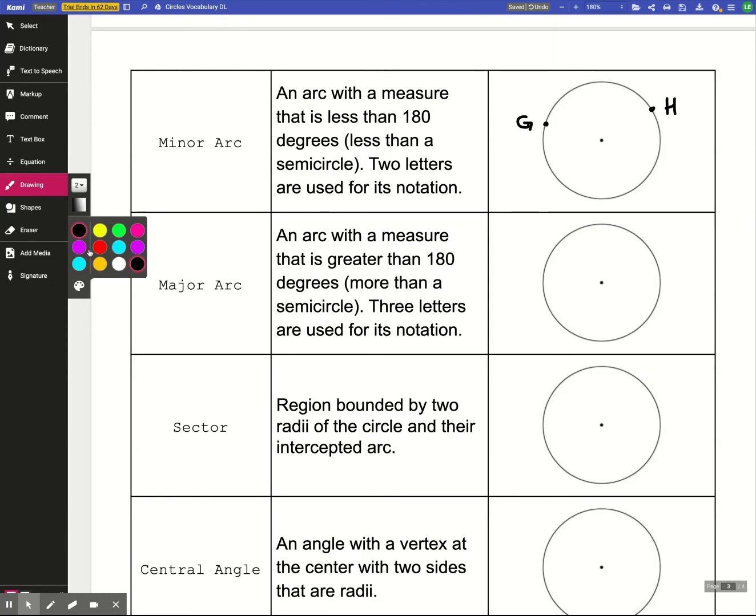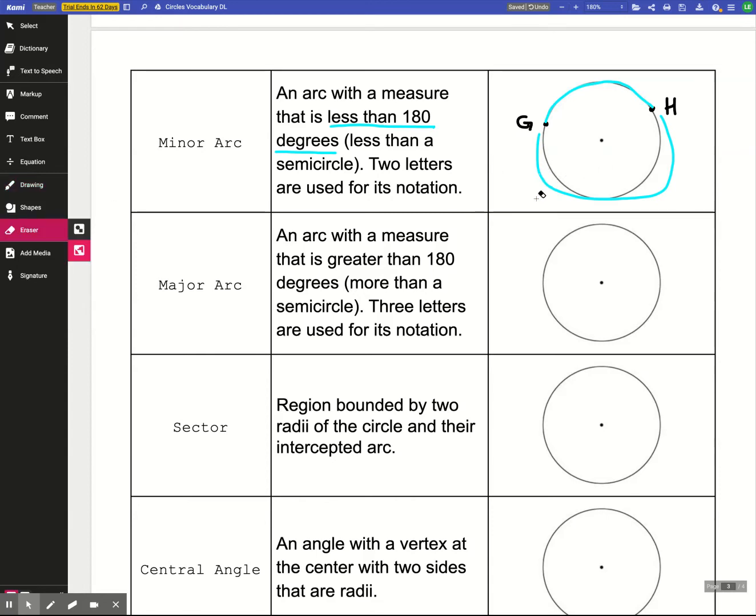A minor arc is the shortest distance between 2 points on the circumference of a circle, and it always must be less than 180 degrees. So for example, if I went around the circle the other way, if I did my arc like this, that's not a minor arc, because the arc on the bottom is larger than a semicircle.